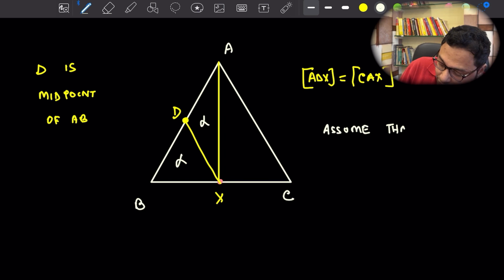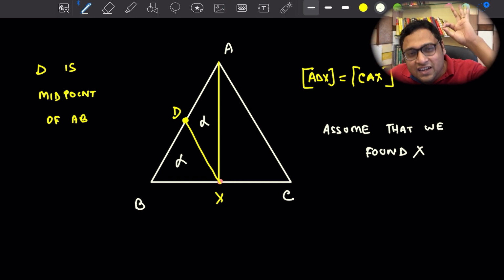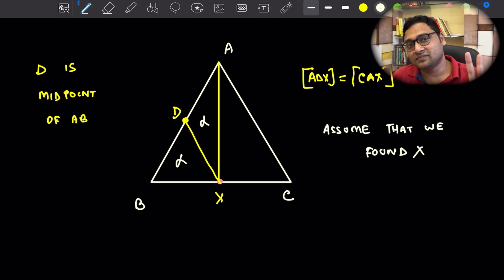Okay? Alright. Now, let's assume that we found X. So it's very important. Whenever you need to find a point X with certain properties, the strategy is that you assume that you found X, and then you study the properties backward. It's sort of back calculation. So I'm assuming that we found X. Okay?